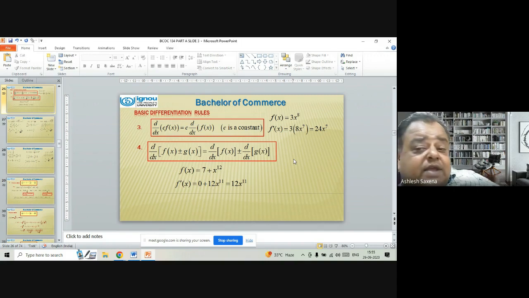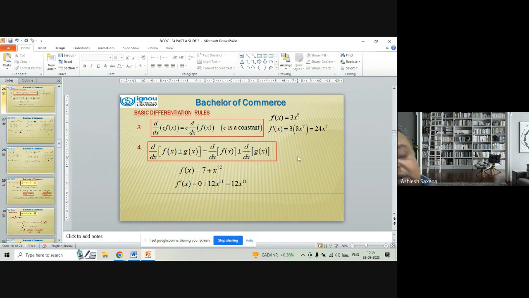Here you can see I have a function 3x raised to the power 8. 3 is a constant. It will come in front. I have to differentiate x raised to the power 8. 8 will come in front of x and I will be reducing the power by 1.